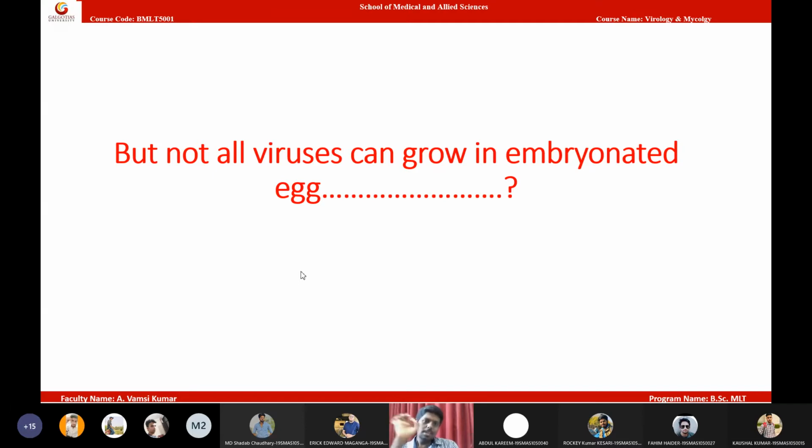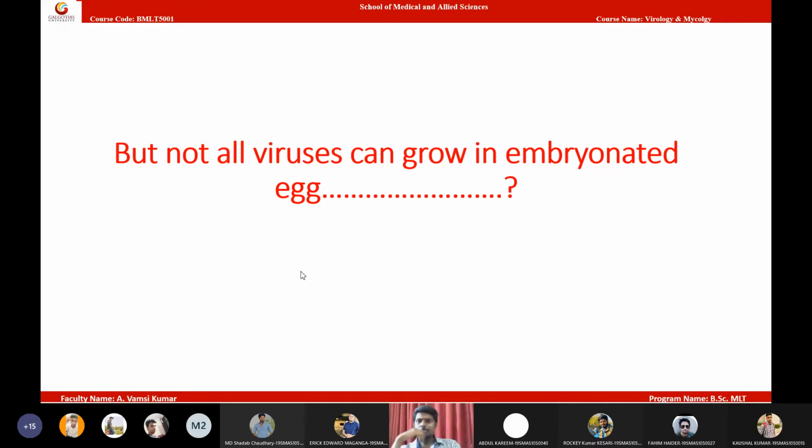You cannot isolate an HIV virus via an embryonated egg. You cannot isolate many human viruses such as coronavirus in an embryonated egg. That is the major drawback of the embryonated egg. Not all viruses can grow in it. Only a few viruses can be grown in an embryonated egg.